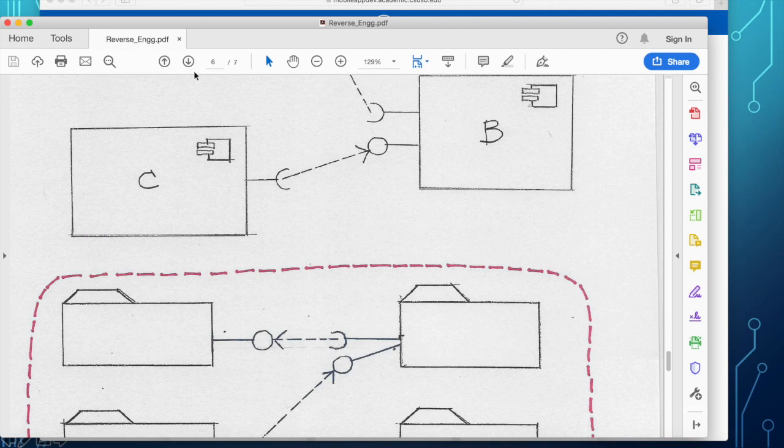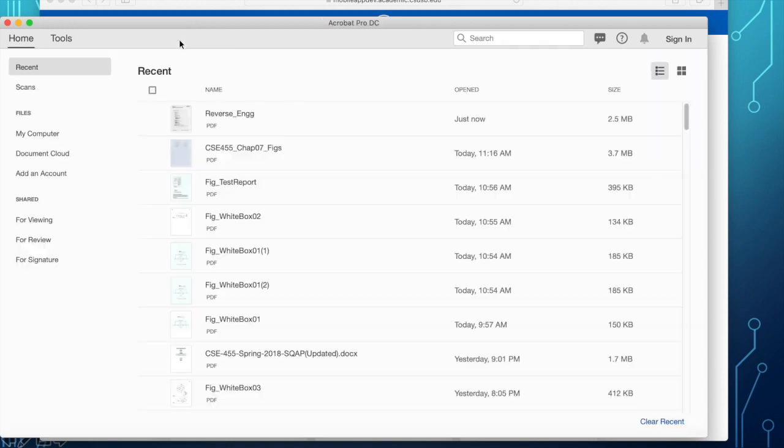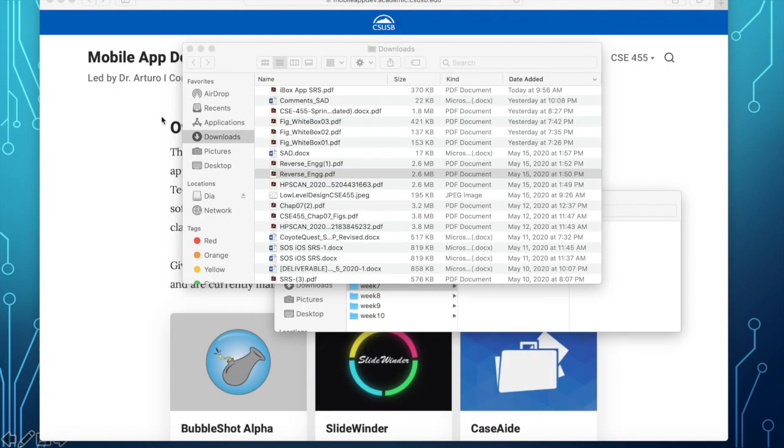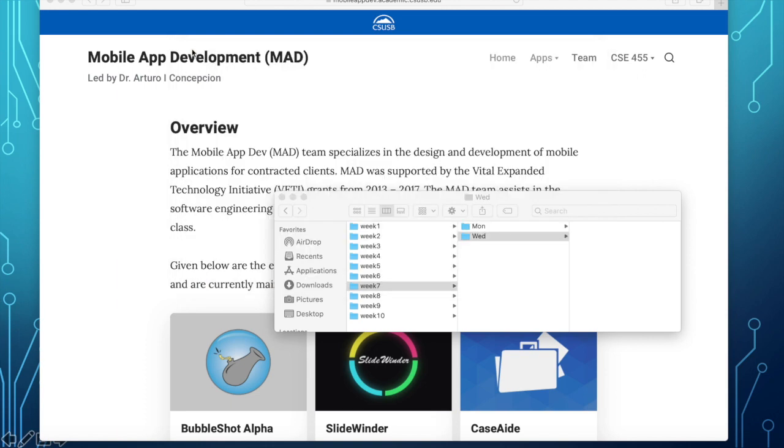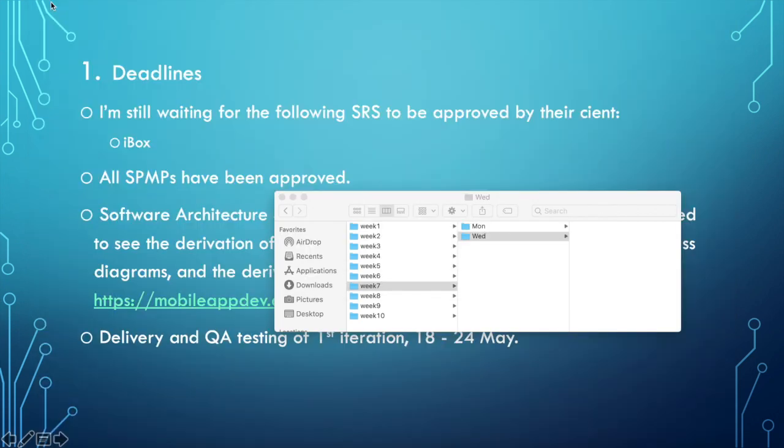Okay? It cannot be a gap where I see immediately the class diagram without the high-level design diagram. There must be a trace from one point to another.